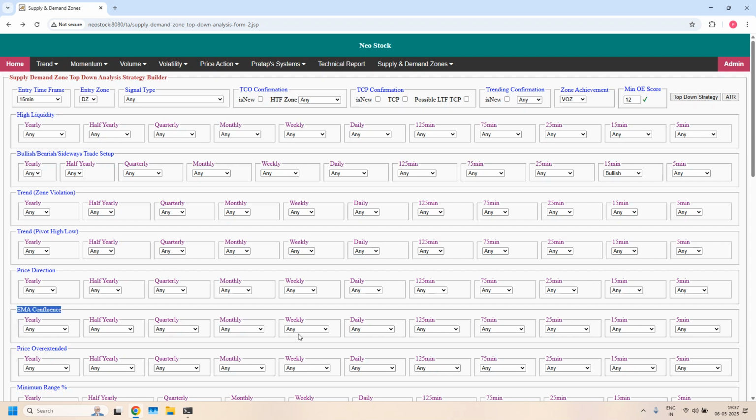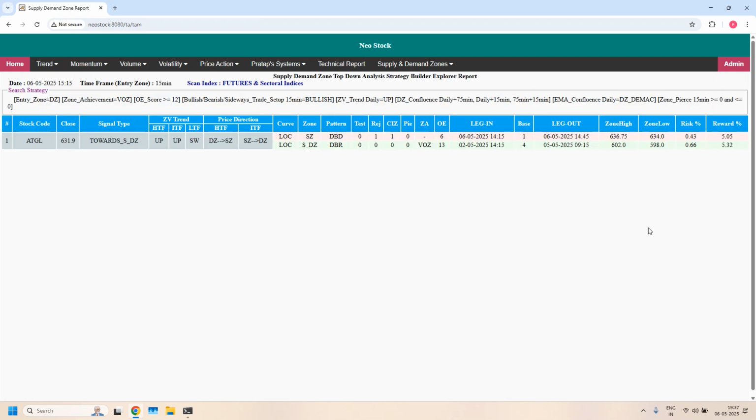For the EMA confluence at daily time frame, I'm checking daily demand zone with daily EMA confluence. At the same time, the trend on the daily should be uptrend because it is a bullish trade setup. So that one stock is filtered. So this has a higher probability.